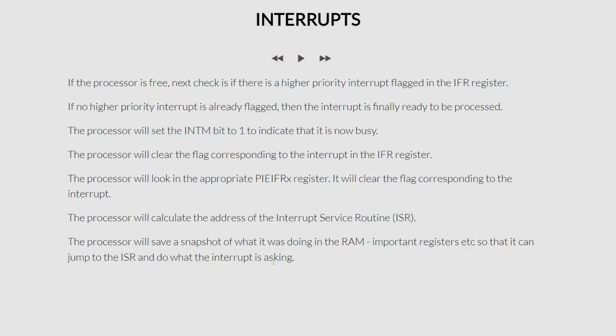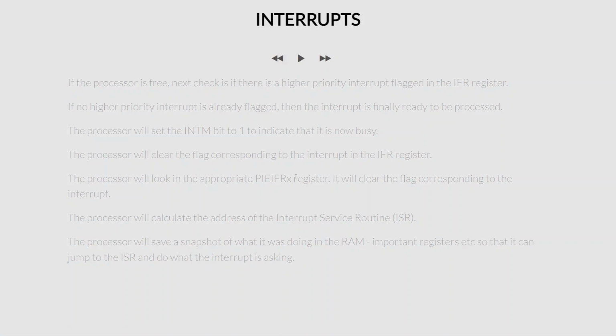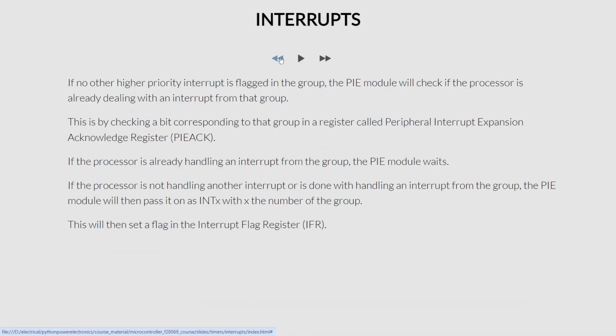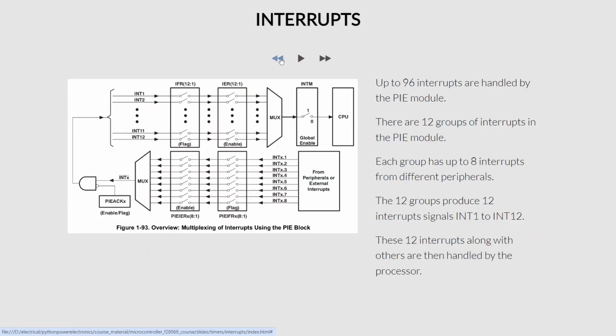So whatever the interrupt is asking, that is whatever you want from the timer, that is when the timer expires, you want it to execute a control code. So now you have to put that control code in your interrupt service routine, and then the processor will jump to the interrupt routine and will now process the control logic. So as you can see, it is a long process, and as I said, this is going to be complicated, right?